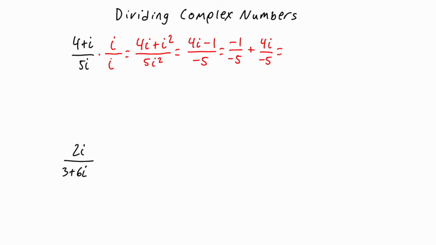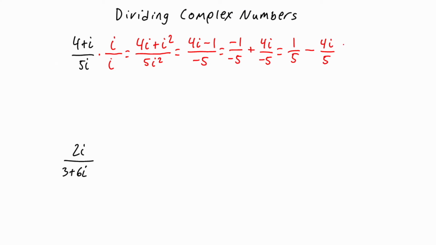So negative 1 over negative 5, that just becomes 1/5, so 1 over 5. And since the second term has just one negative, we can bring that negative out of the denominator and just replace the plus with a minus. So we've got minus 4i over 5.